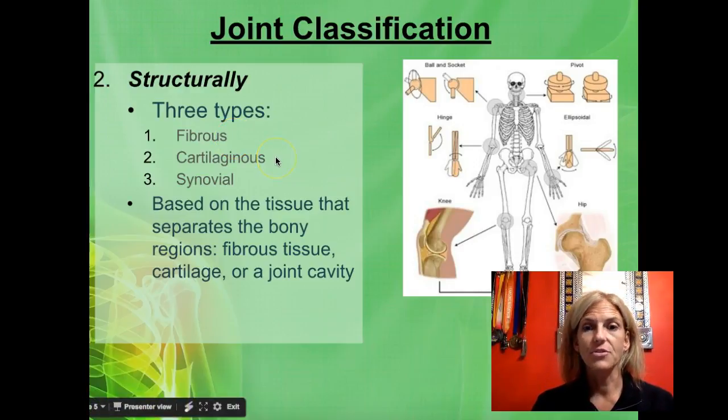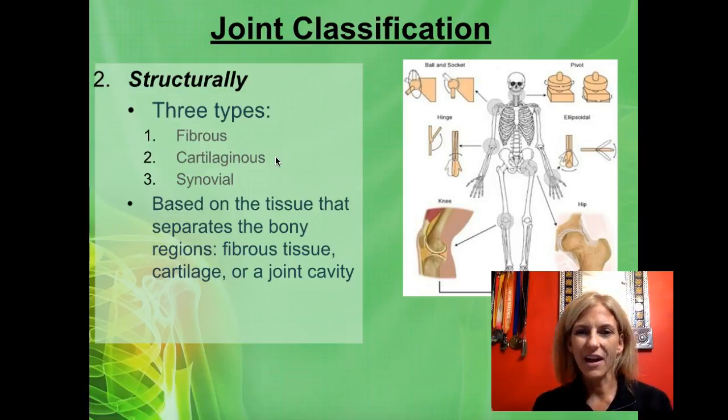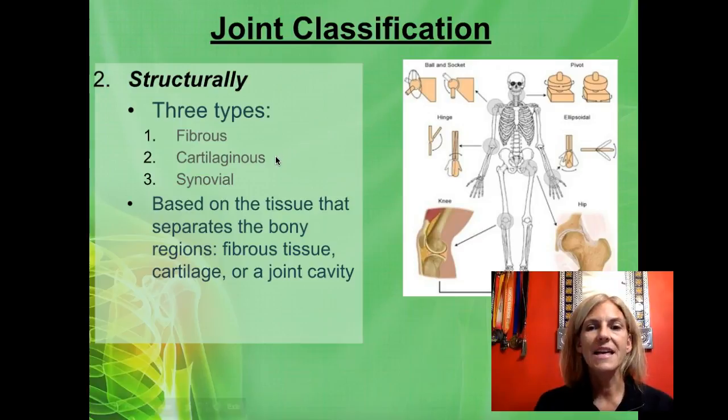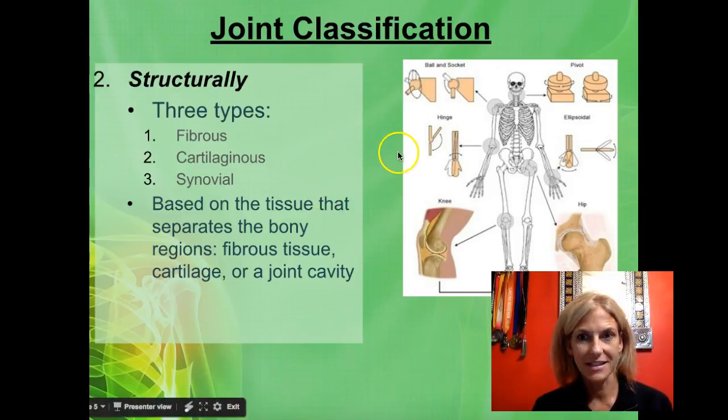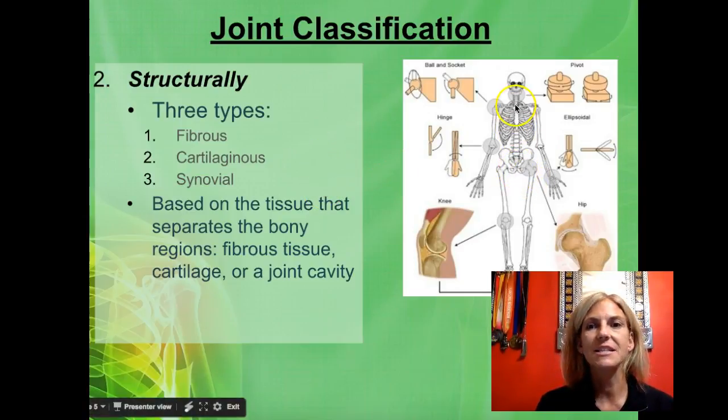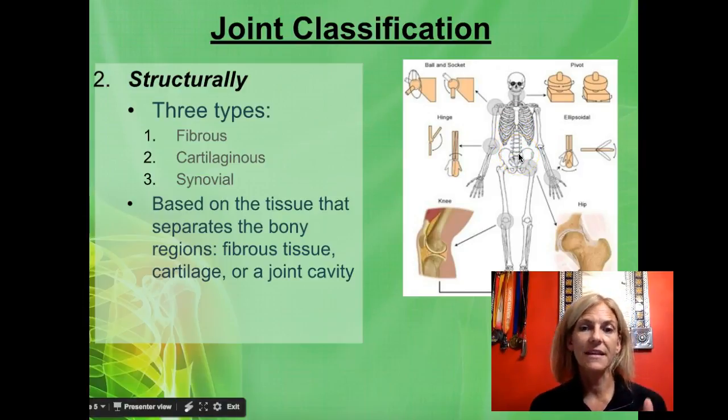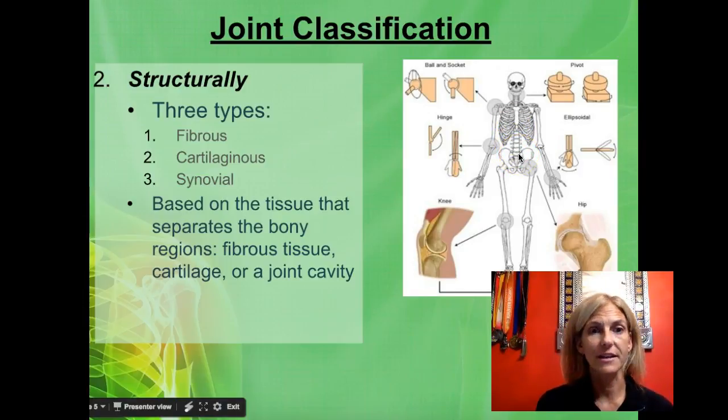The cartilaginous joints, because that cartilage is somewhat flexible, can move a little bit. So again, the cartilaginous joints are also mostly amphiarthrotic joints. The pubic symphysis, the rib cage, the vertebrae, they all have cartilage adjoining them, and so they have a little bit of flexibility. And finally, the synovial joints.